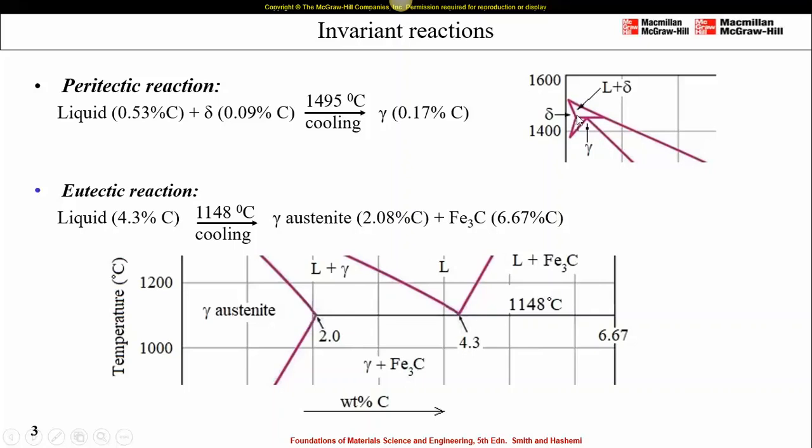So delta with 0.09 weight% carbon reacts with liquid that has 0.53 weight% carbon on cooling through this point, and the phase obtained is gamma with 0.17% carbon.